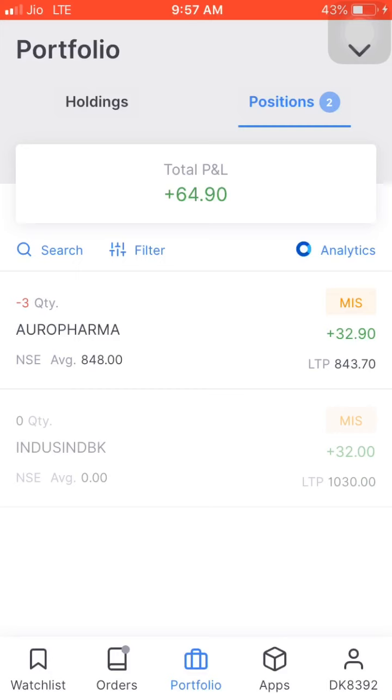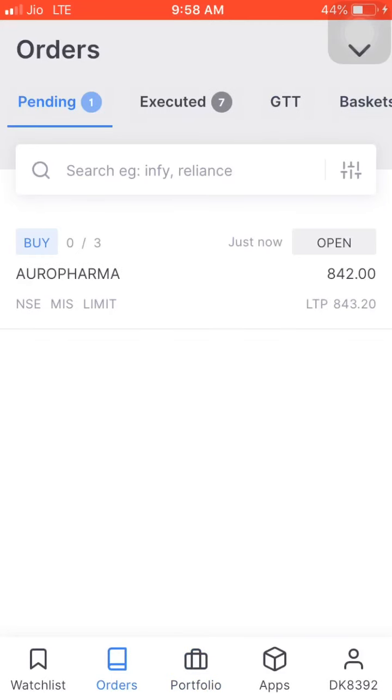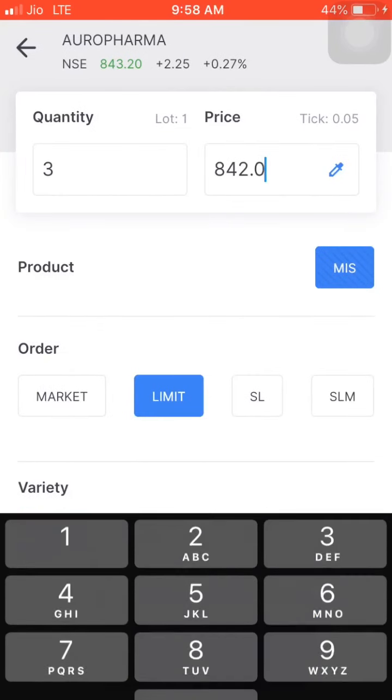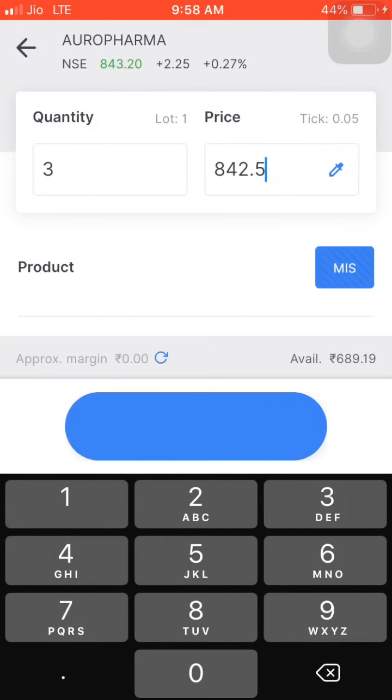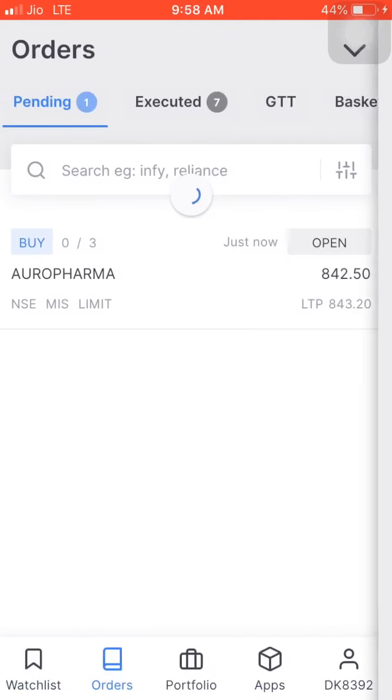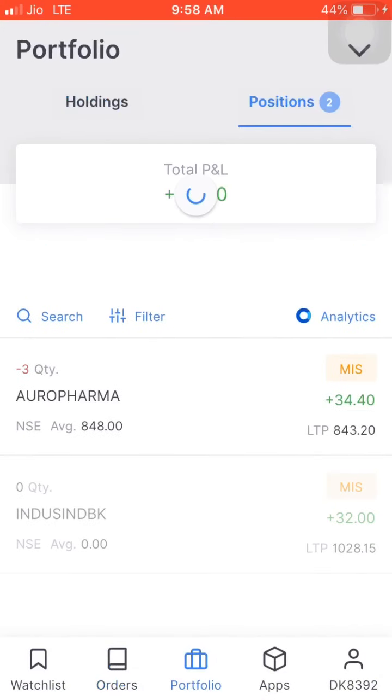Now 67 rupees overall profit. Let's modify the order and give 842.5, 842.5.